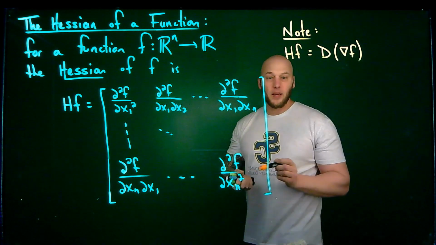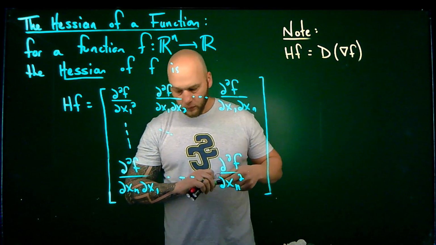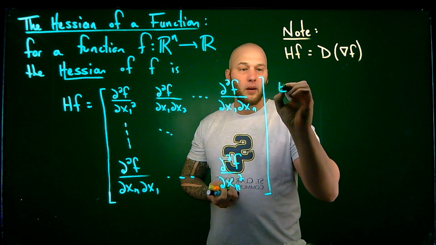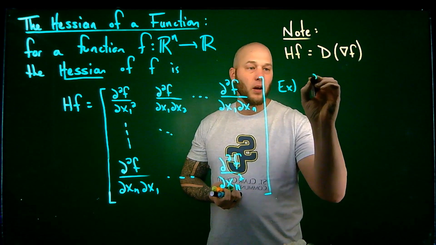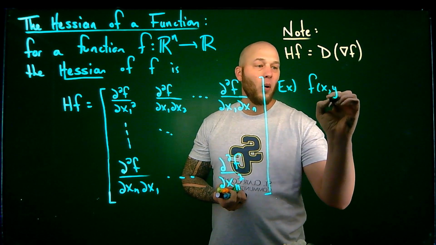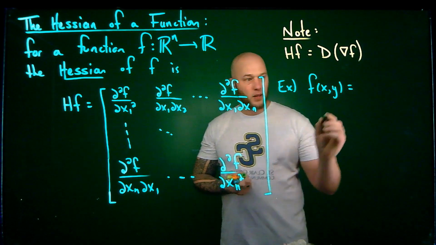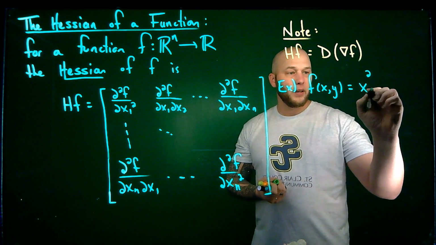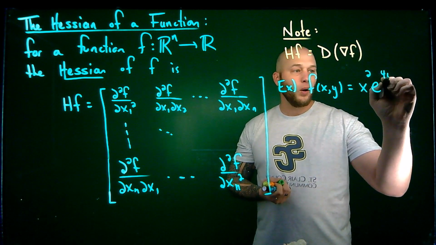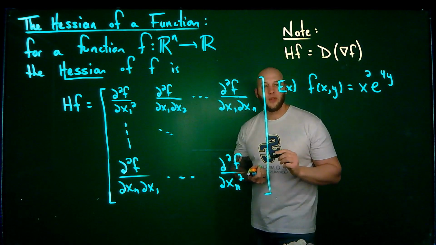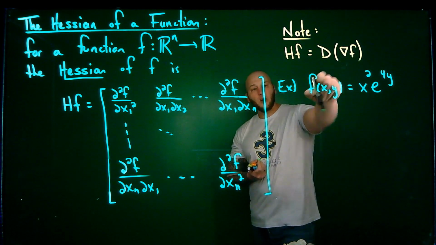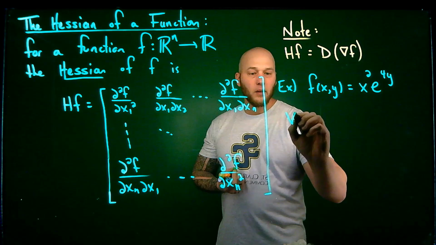So let's go ahead and compute an example. Let's say I want to compute the Hessian of the function f(x,y) equals x squared e to the 4y. I'm going to start by computing the gradient.